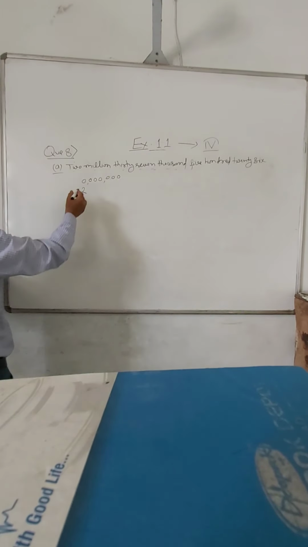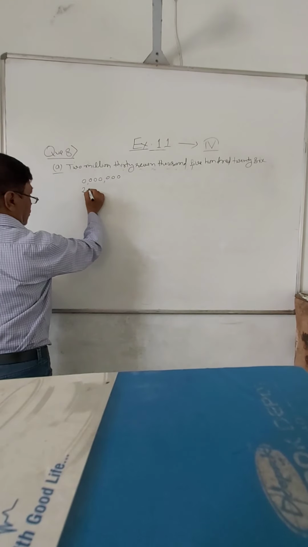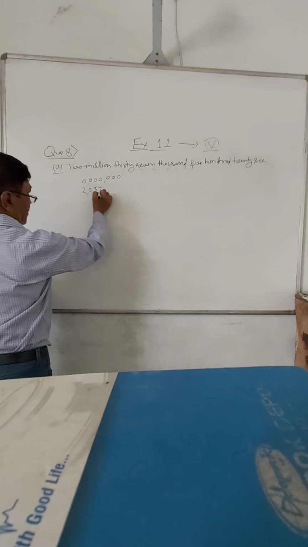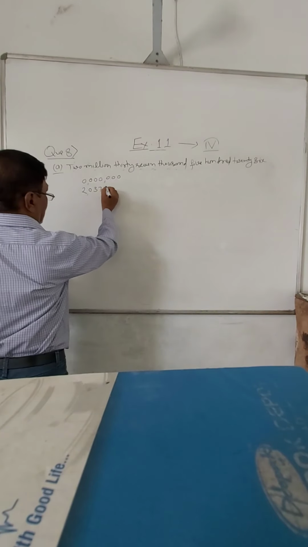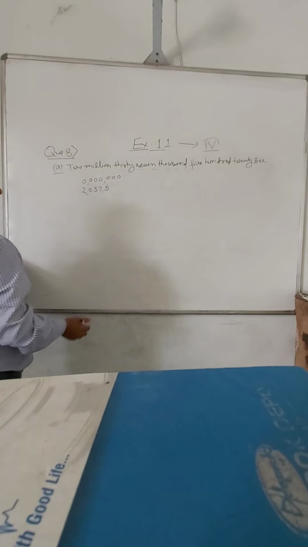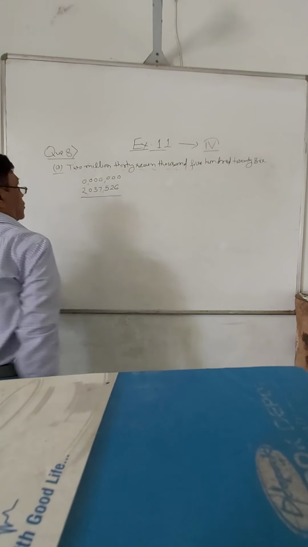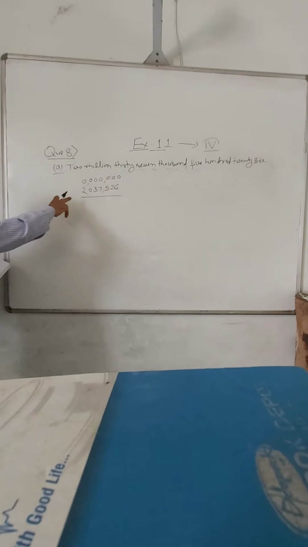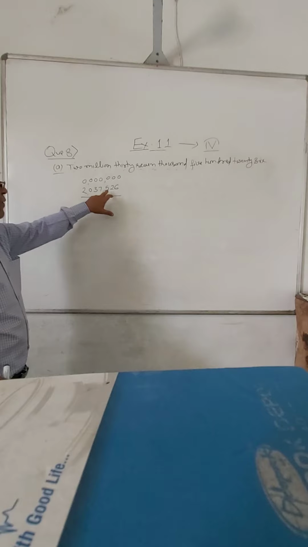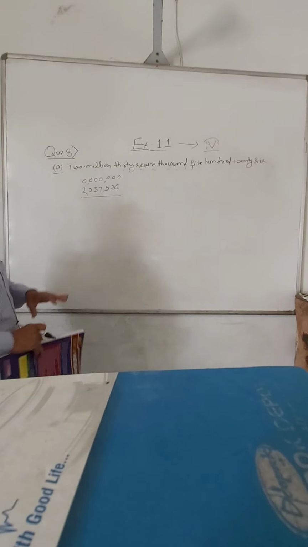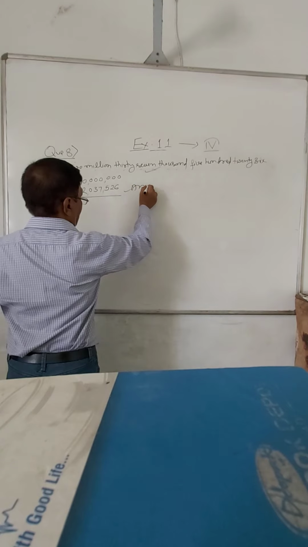But on the place of hundreds nothing is given, which means only a 0 comes. Then again 526. So this is the numeral, 2,37,526. This will be the answer.